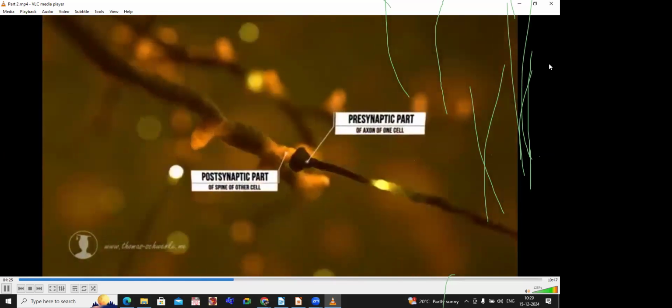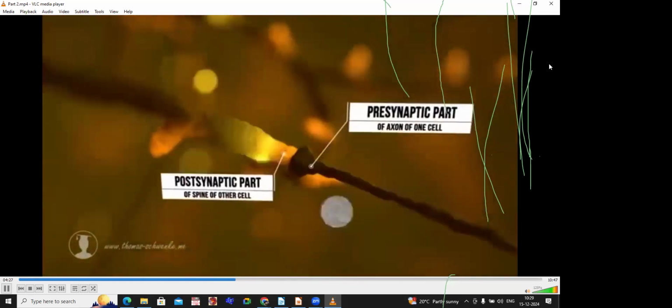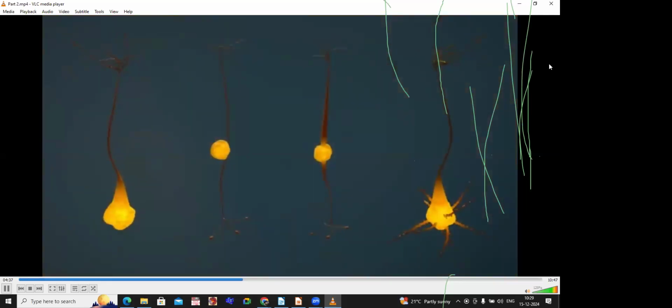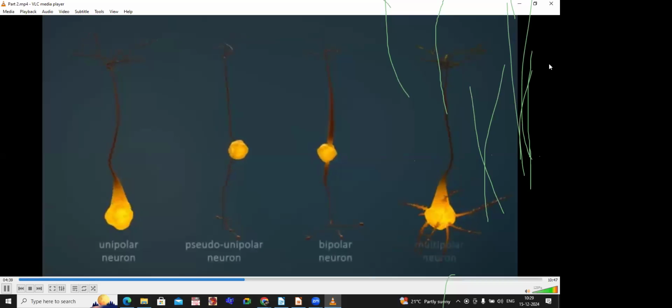The two nerve cells use a synapse to transmit an electrical signal. A synapse consists of a presynaptic part, a postsynaptic part, and a small gap between the two. Although the general structure is always the same, there are numerous forms that nerve cells can take.